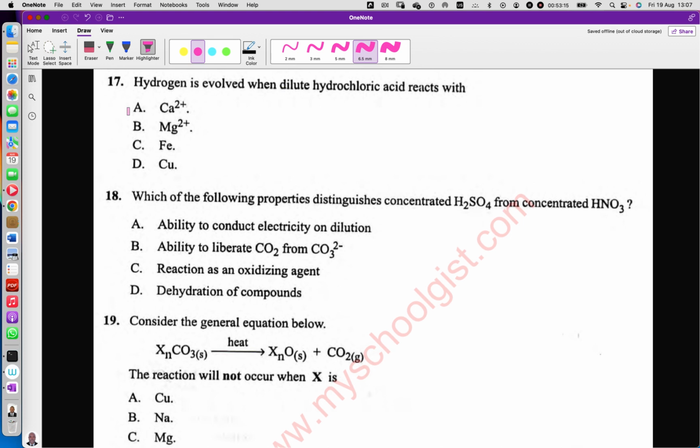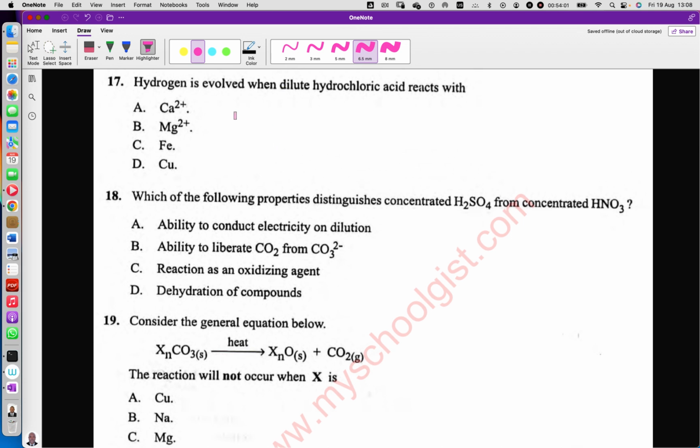Now it should be remembered, fellow learners, that in the laboratory, if you take a magnesium ribbon and put it in a conical flask or in a test tube containing dilute hydrochloric acid, what you are going to observe is effervescence, or you can say bubbles of a gas, indicating the evolution of a gas.